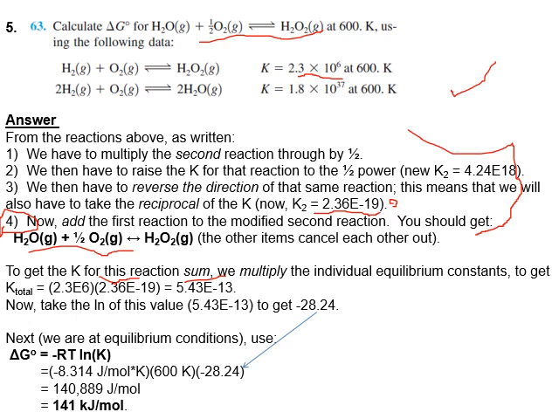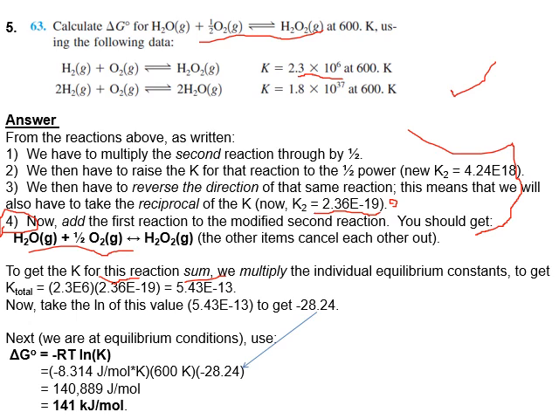So what we do next is we need to use delta G equals minus RT logarithm K to get delta G standard. So we have K, so just take the logarithm of that. In your calculator, just whichever way you do logarithms, on mine, I think first type in the number. So you type in 5.43 times 10 to the minus 13th and then hit logarithm of answer, and you'll get minus 28.24.